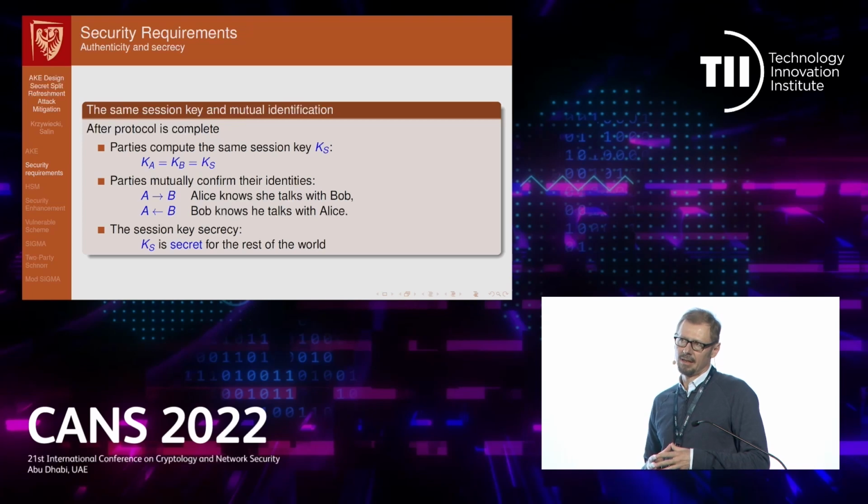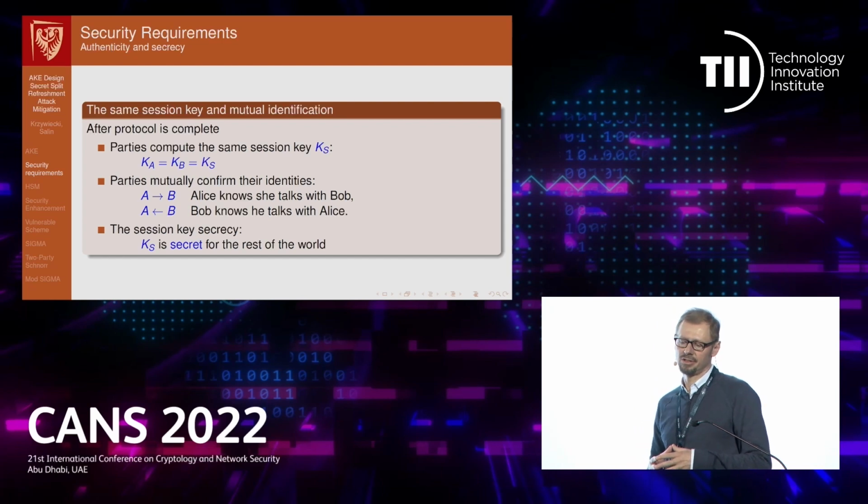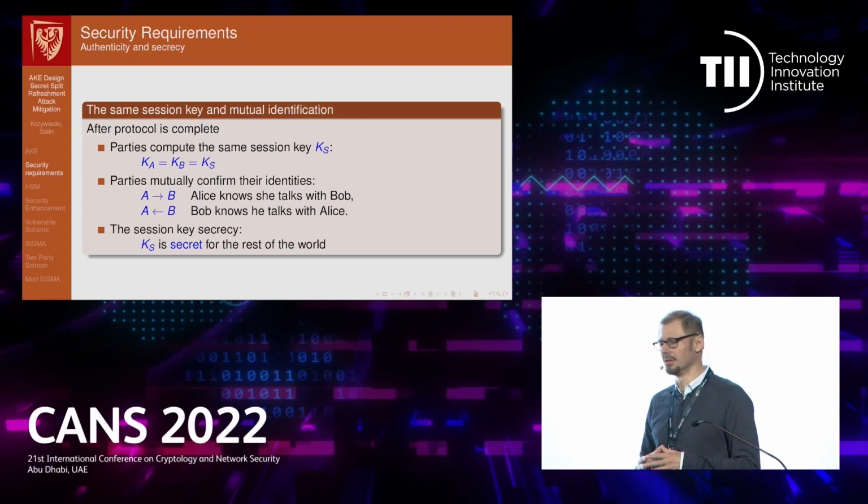Usually Bob needs to know that he's talking to Alice, and Alice needs to know that she's talking to Bob, so the identities are exchanged and each party confirms that identity. Then both parties compute the same session key. And of course that session key should be secret to the outside world, so to the external observer or even to the active attacker. It depends on the security model.